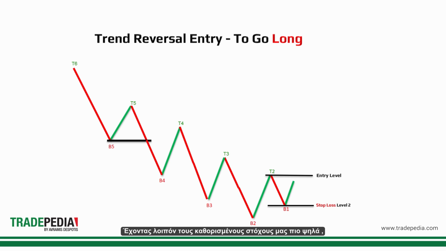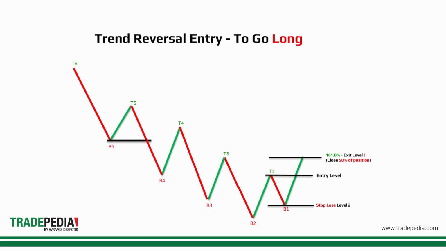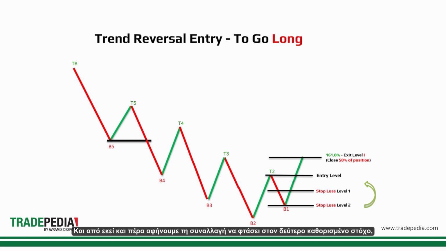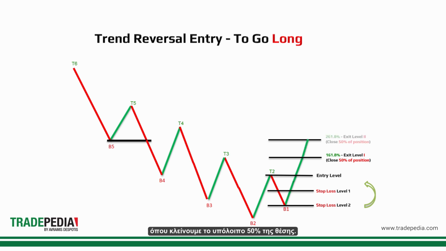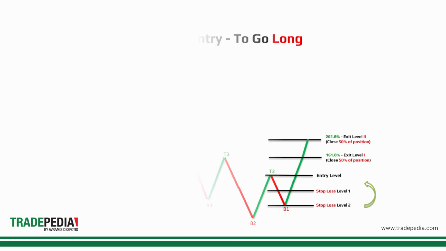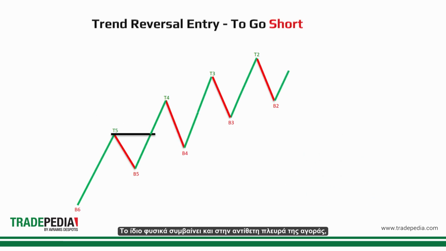Now, once we have our outlined targets above us, as the market reaches the first target at the 161%, we close 50% of our position and at the same time trail our stop loss either up to the entry level or to the stop loss level 1. From there on, we allow the trade to reach the second outlined target at 261, where we close the remaining 50% of the position.